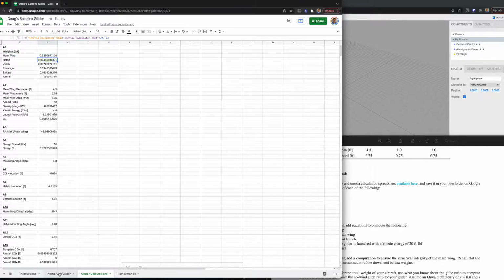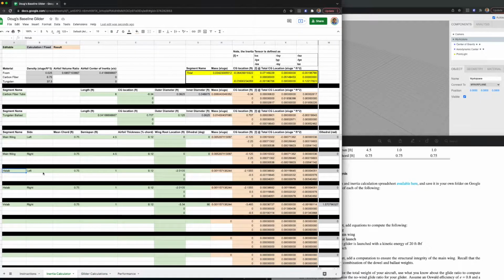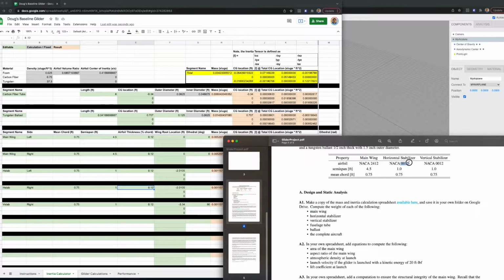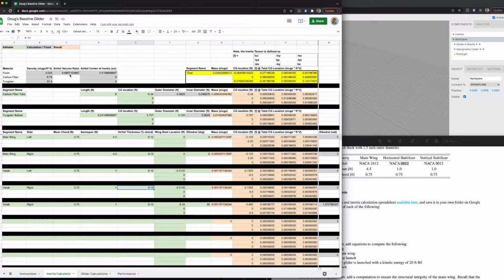Do the same thing for the horizontal stabilizer. So here's my H stab, put in the number for that. We've got a left and a right of 0.75, semi-span of 1 on each side there. Again, 12% thickness on the airfoil. The horizontal stabilizer is actually a 0012, so it's not cambered, but this airfoil volume ratio is pretty accurate, independent of camber, as long as you have a 12% thick airfoil.